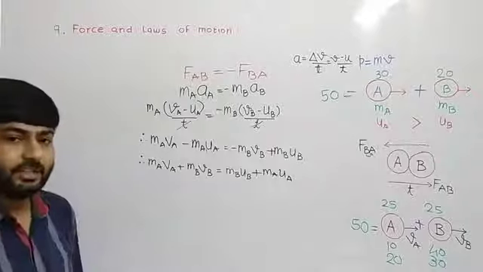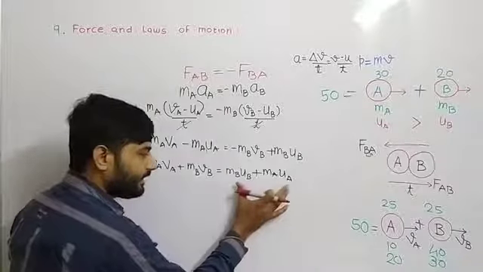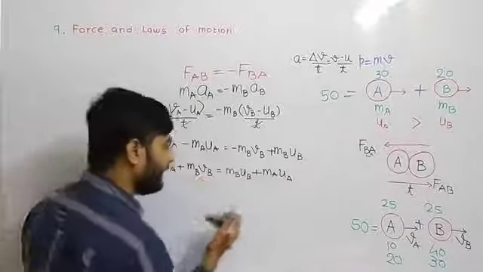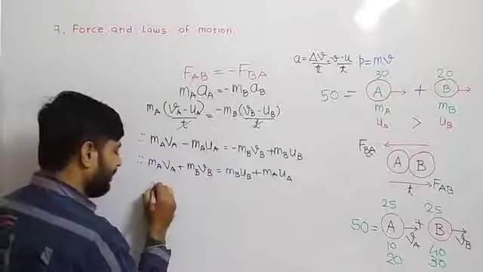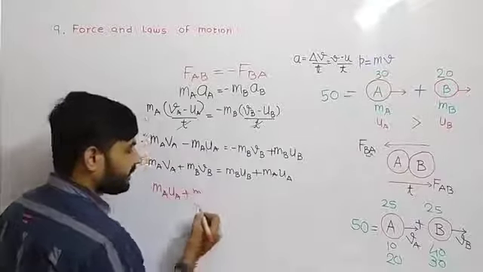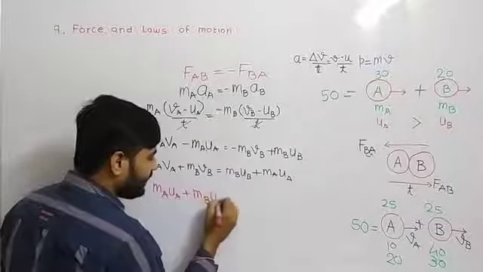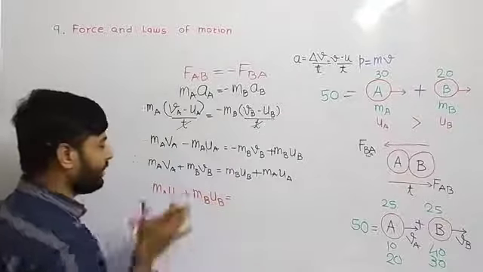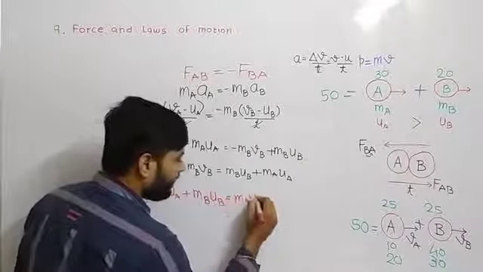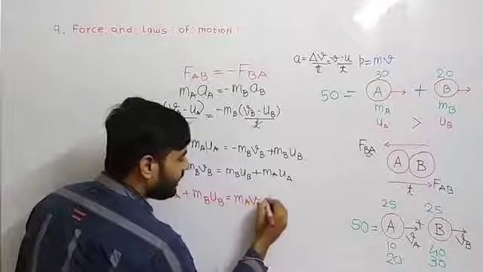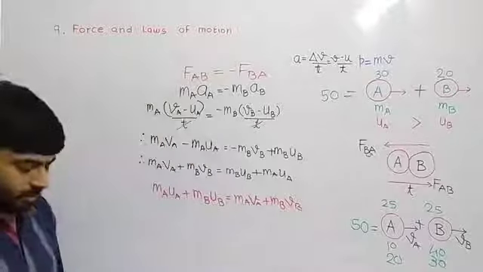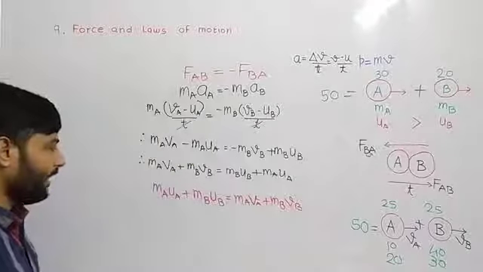Now I will change sides. This right side I shift to the left side, and this left side I will write on the right side. So I will have MA UA plus MB UB is equal to, I will write this here, MA VA plus MB VB.